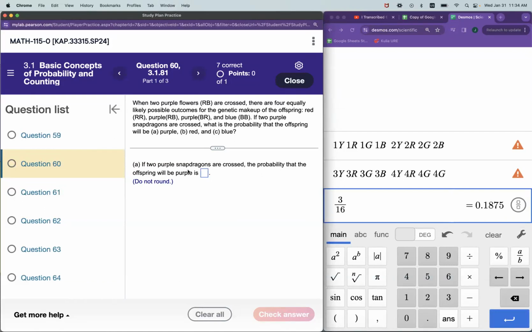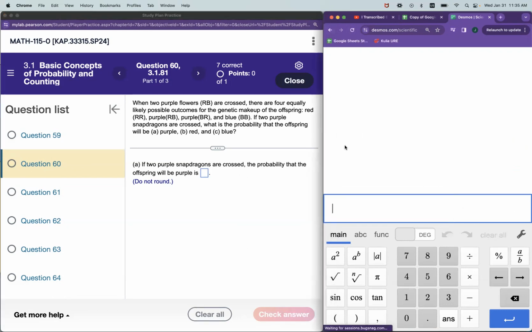If 2 purple snapdragons are crossed, what is the probability that the offspring will be purple, red, and blue? Okay, for this one, first we want to see the outcomes. They're equally likely.